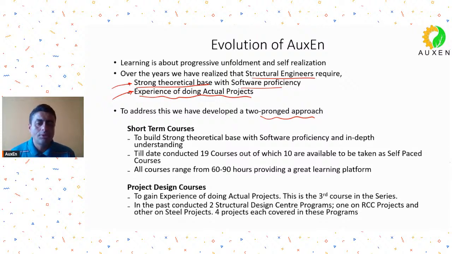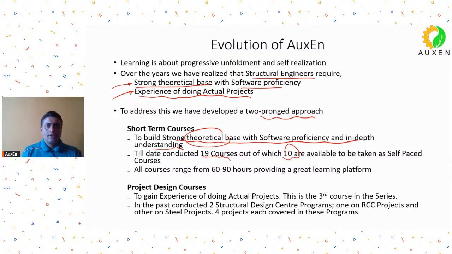address both these issues. Through our short-term courses, we mainly focus on software proficiency and in-depth theoretical understanding. Till now we have conducted around 19 such courses, 10 of which are available on our website to be taken as self-paced courses. All these courses are quite detailed, ranging up to 60 to 90 hours.